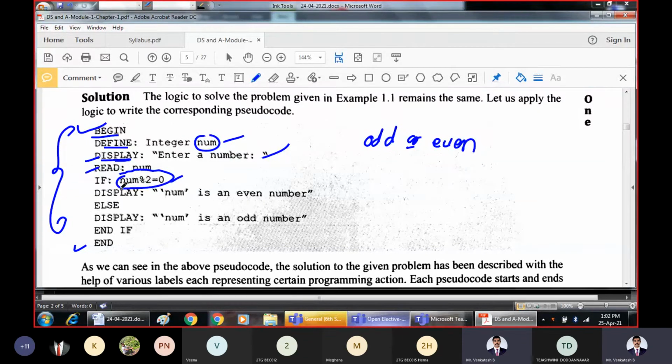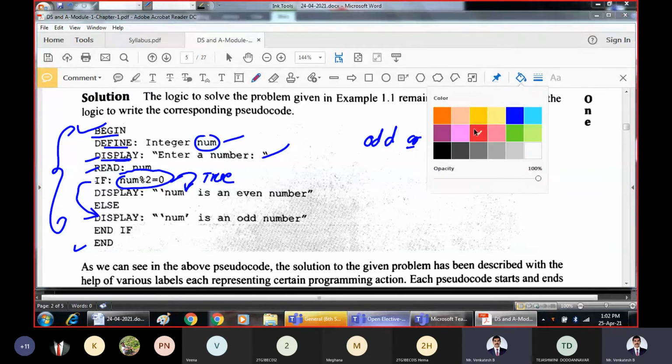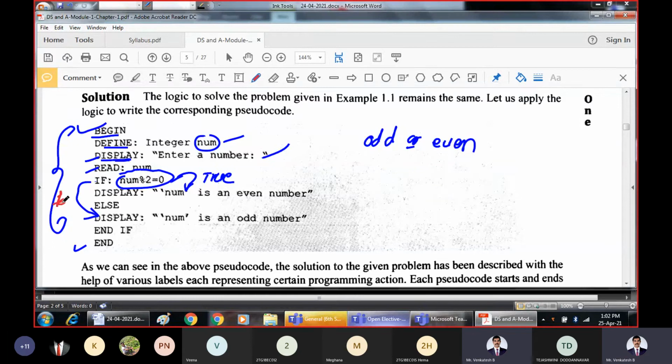If else statement, what it says: if this condition is true, then we will execute the immediate next statement. And if this is false, we will go for the next part. In case of true, we will execute this statement. In case of false, we will execute this statement.